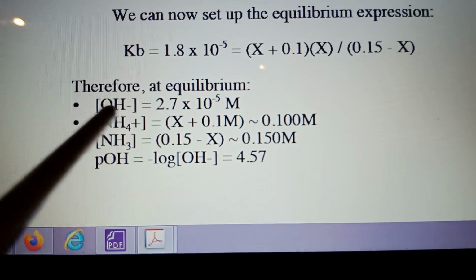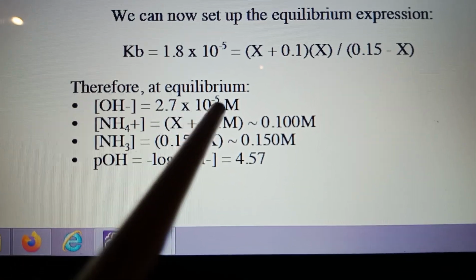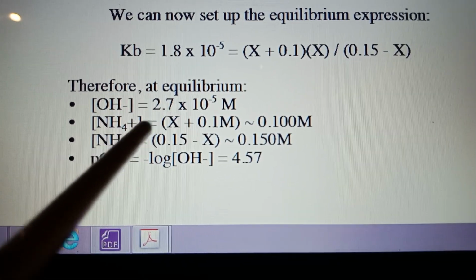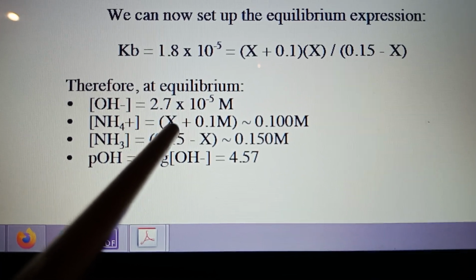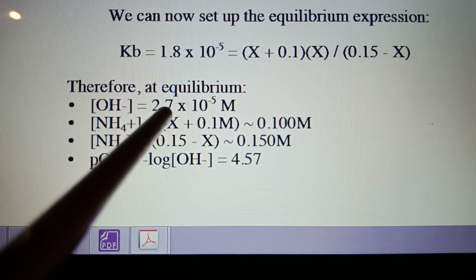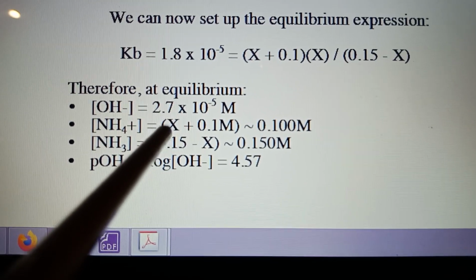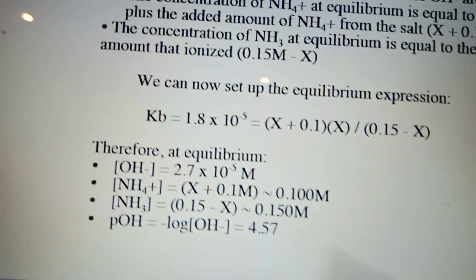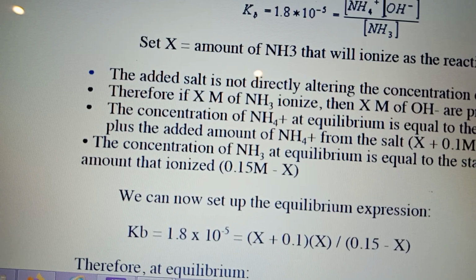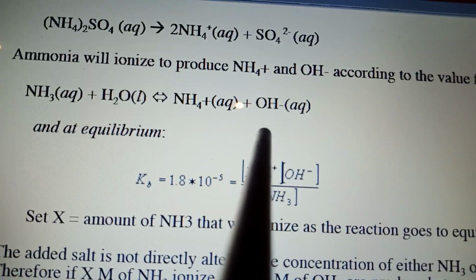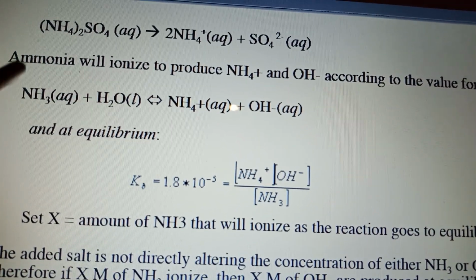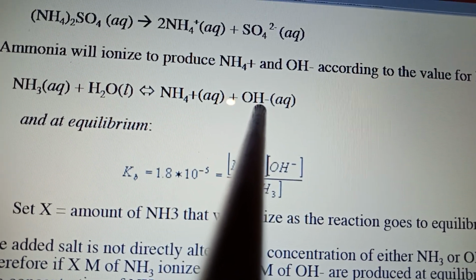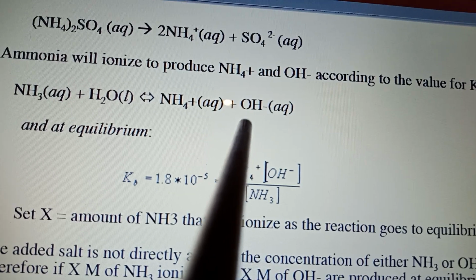Therefore, at equilibrium, the concentration of hydroxyl ion is 2.7 into 10 to the power minus 5 molar, and the ammonium ions are this concentration that is also generated from the ammonia. From this expression, the concentration of ammonium ion generated from the ammonia is equal to the concentration of hydroxyl ion, that is the X.